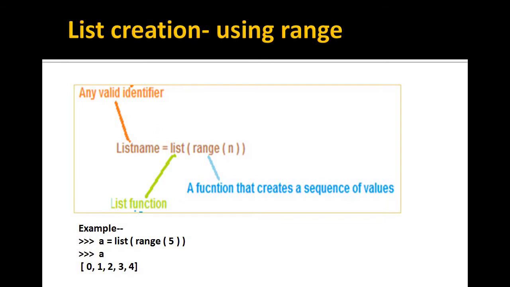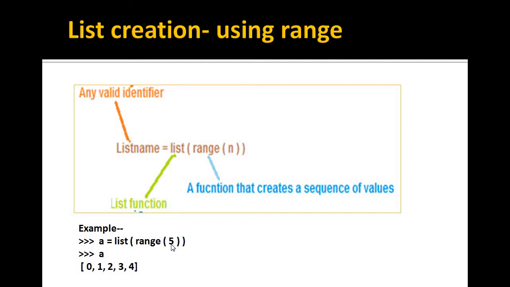So inside the list function you can pass any sequence or any function that returns a sequence. Here in this example the range function that returns a sequence of values has been passed to the list function, and so when it returns the range of values, those values are converted into list values.